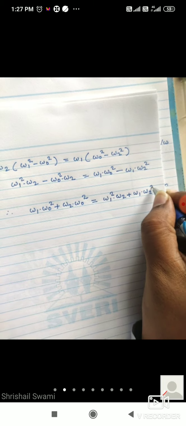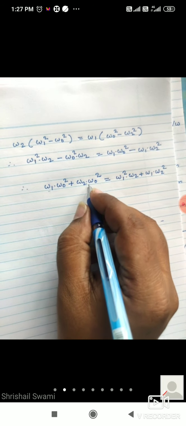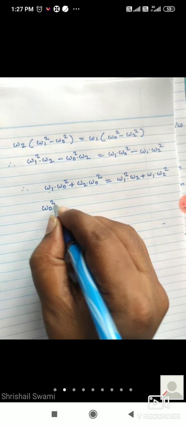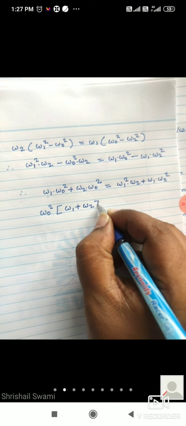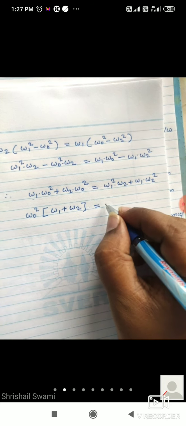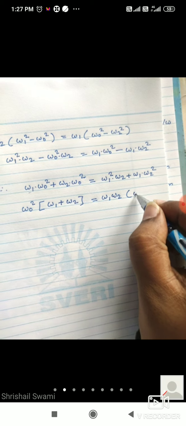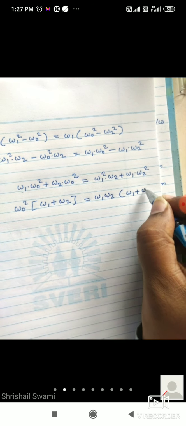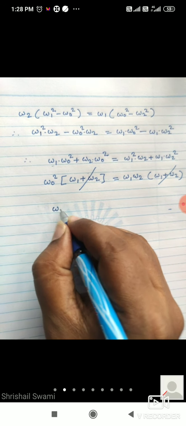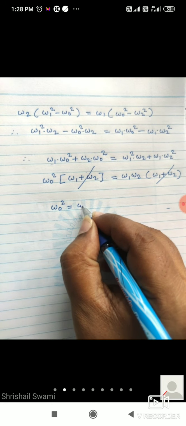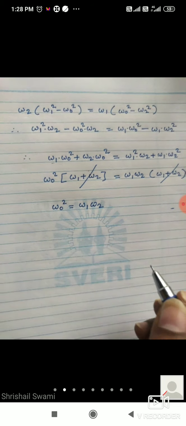Here if you take omega 0 square common, inside it will be omega 1 plus omega 2. Here you can take omega 1 into omega 2 common, then in the bracket what remains is omega 1 plus omega 2. So this and this will get cancelled. So what is remaining: omega 0 square is equal to omega 1 into omega 2.